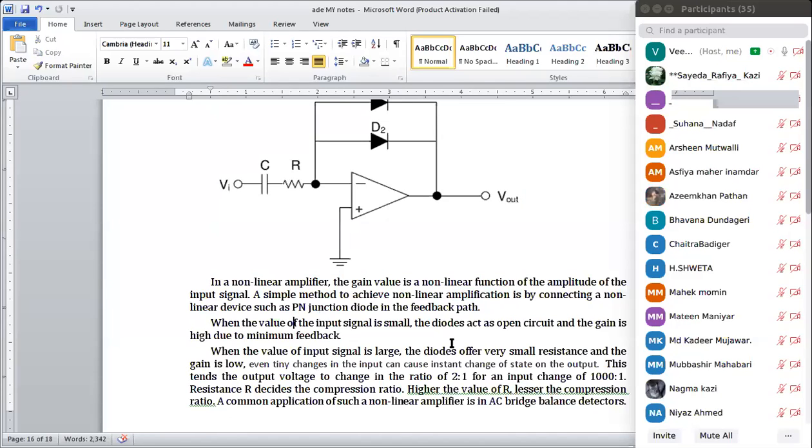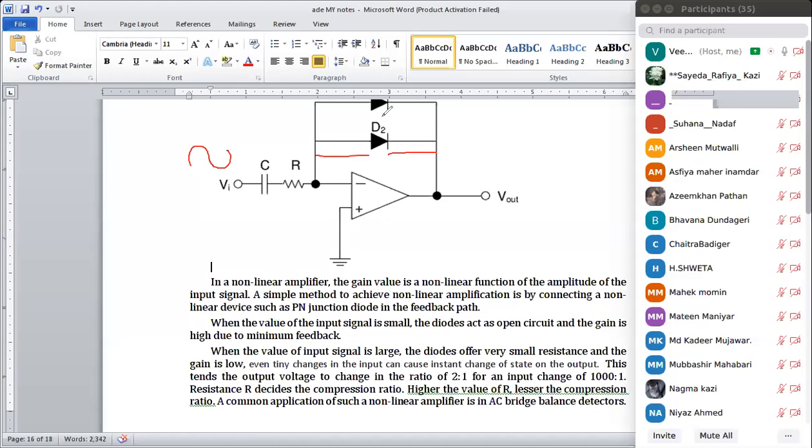Now when the value of the input signal is very small, these diodes act as an open circuit. It means the input is there, but the feedback is an open circuit.